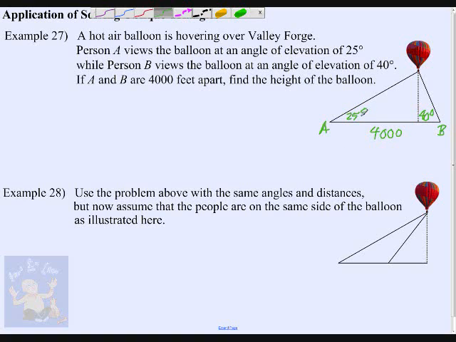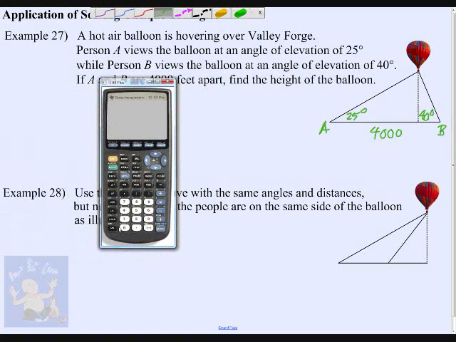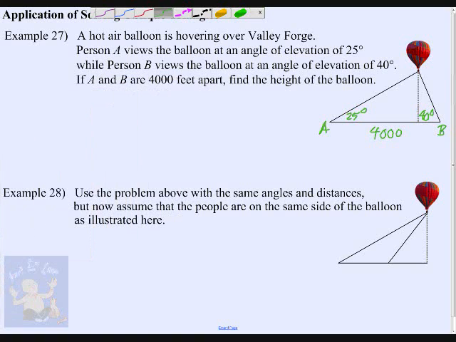Now, if this is 25 degrees and this is 40, what do we know about that last one? Say 25 plus 40, and we find the difference with 180, so it's 115 degrees. So this is an obtuse angle, 115 degrees.